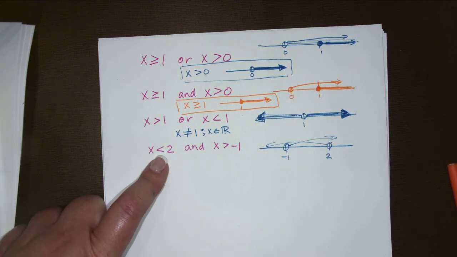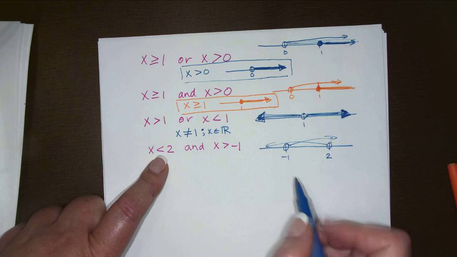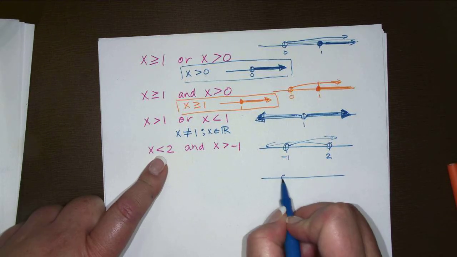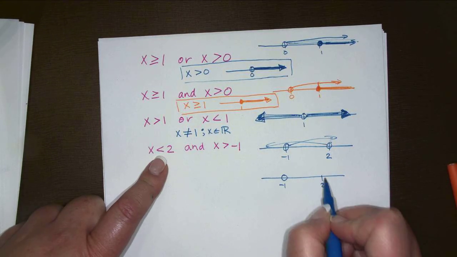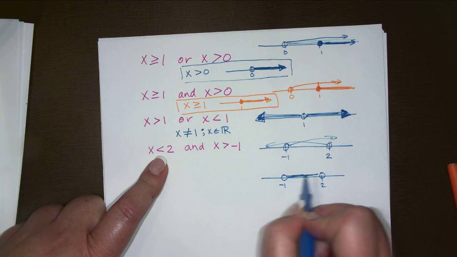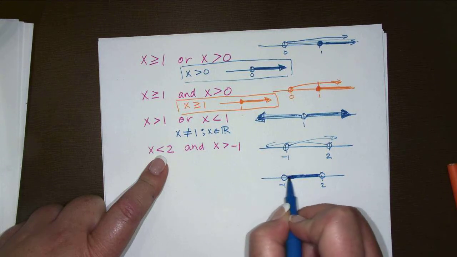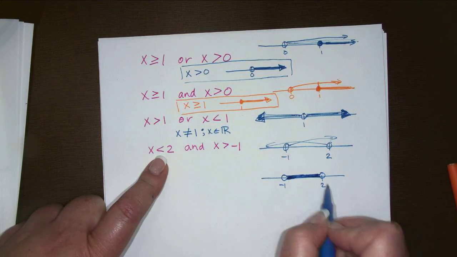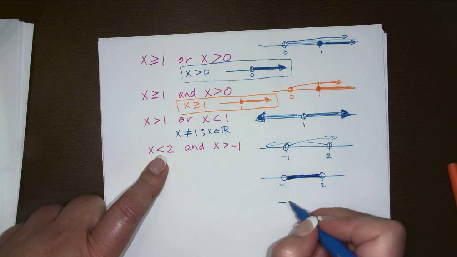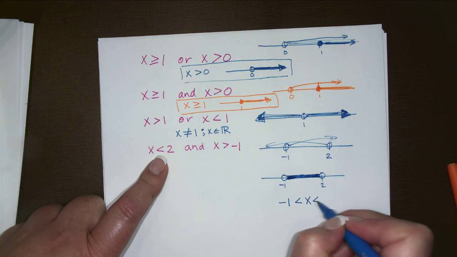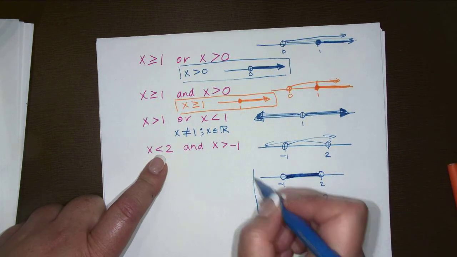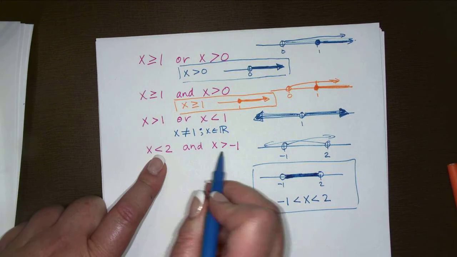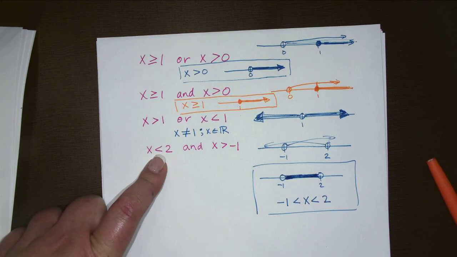And it's the word and, so we're looking for the overlap, which is between the two numbers is where they overlap. So on a number line, you'd show it that way. And when it's an in between, you write it in between. You don't write it as two separate ones with an and. You would put it in between.